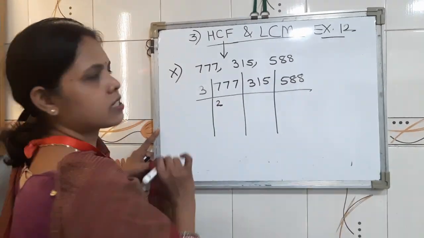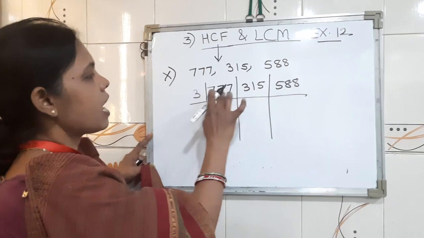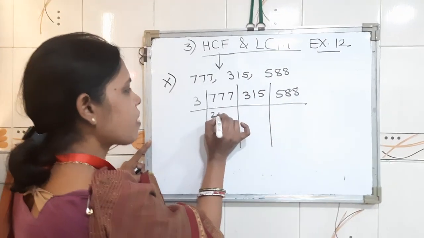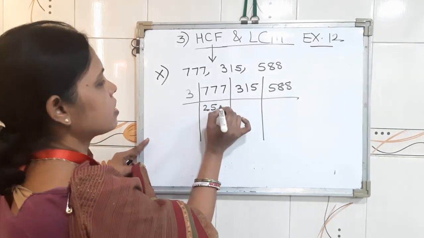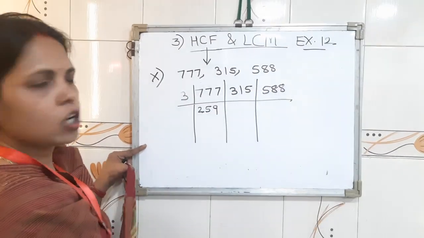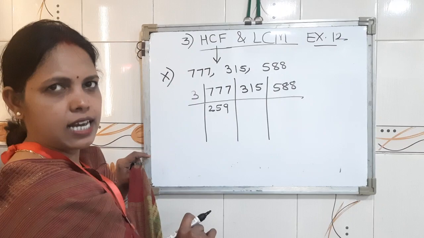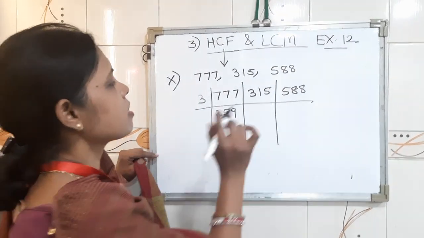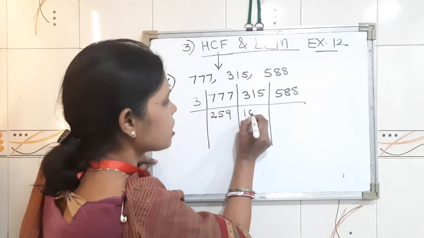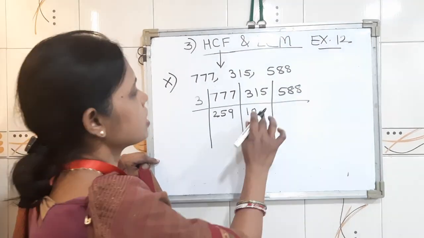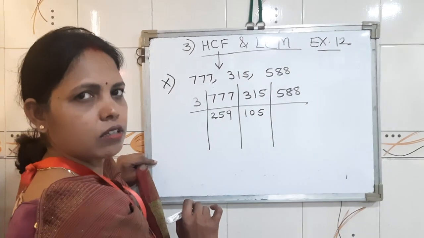3 twos are 6, then 1 and 7. 3 fives are 15. 2 and 7, 3 nines are 27. You got 259 as the answer. Next number: 3 ones are 3, 3 zeros are 0, 3 fives are 15.